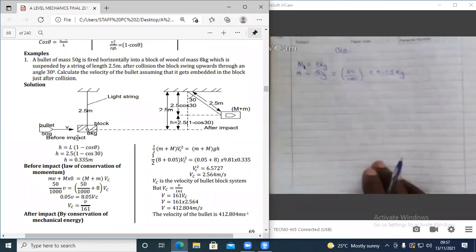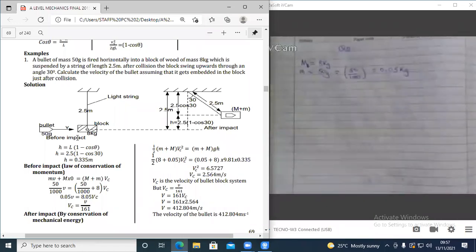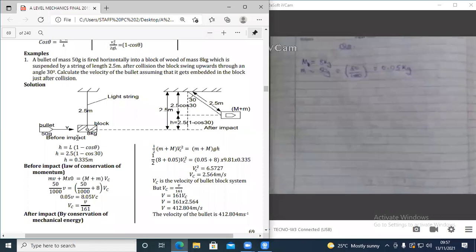The rest are like we have discussed. The height, then the momentum. When it's swinging, kinetic energy is conserved, but momentum is not conserved. Like I've said, velocity does not depend on the mass.